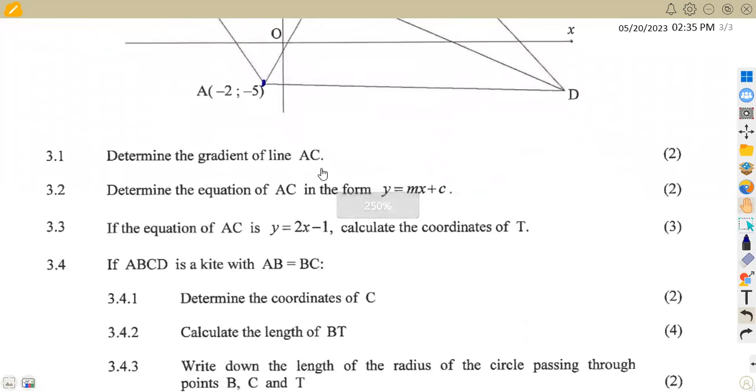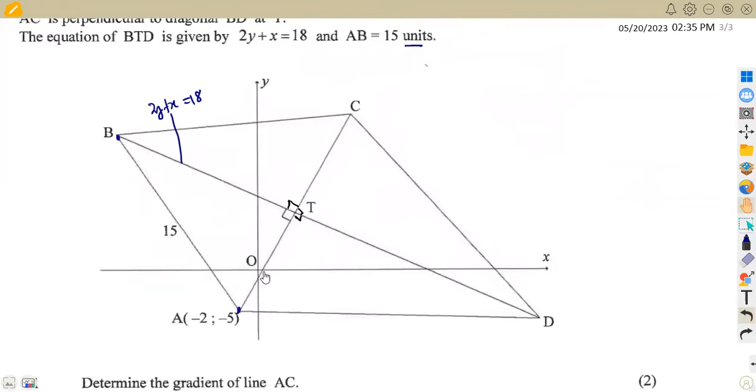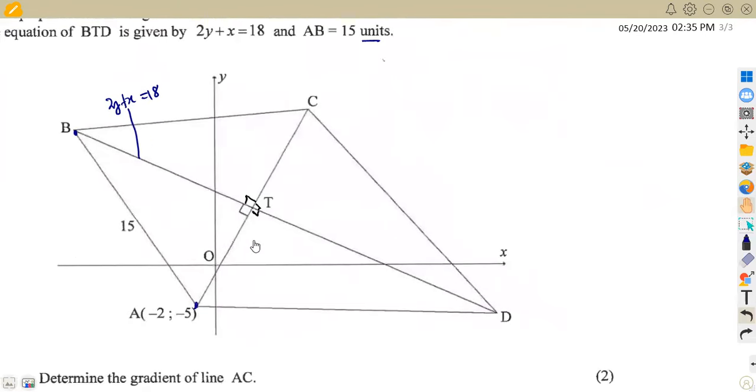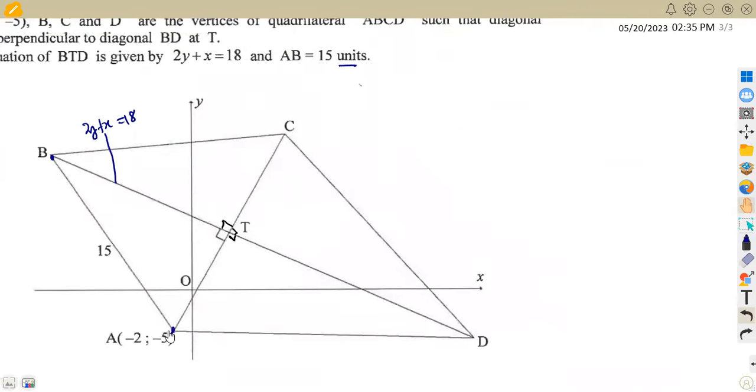So remember that the gradient, we can simply take this from the change in y over the change in x. All right, so let's see where we've got our A and C in this case. If you check here, we have got our point A and our point C, where we do not have this coordinate at point C. So meaning to say, we can't use this concept of determining the gradient.